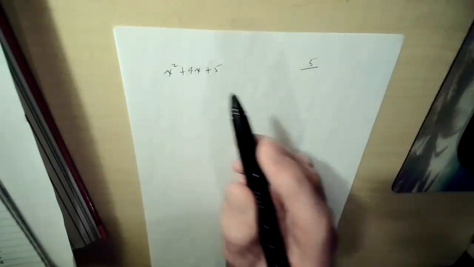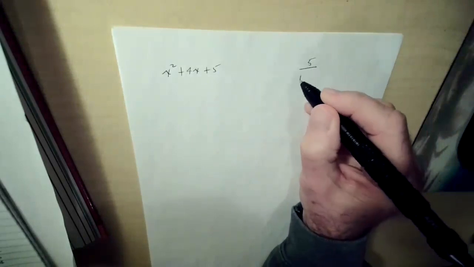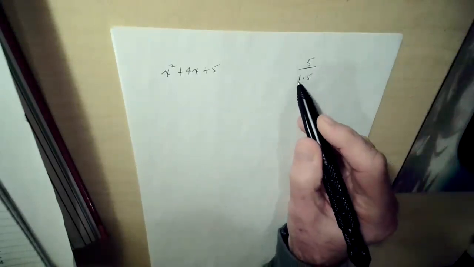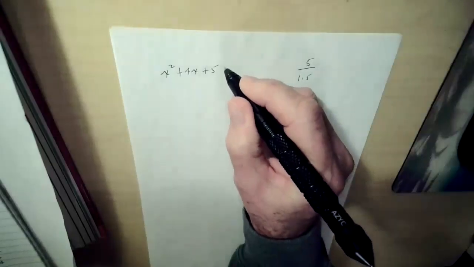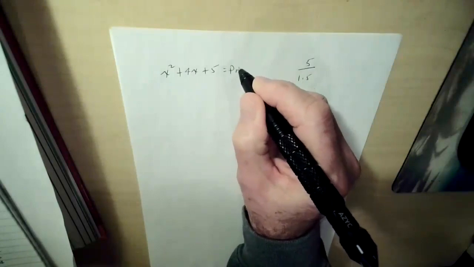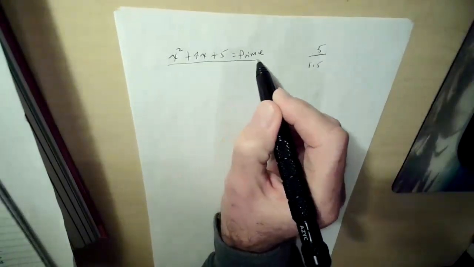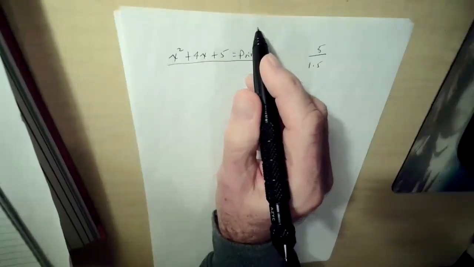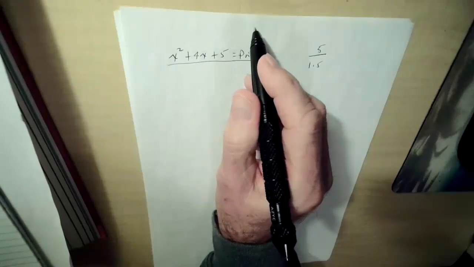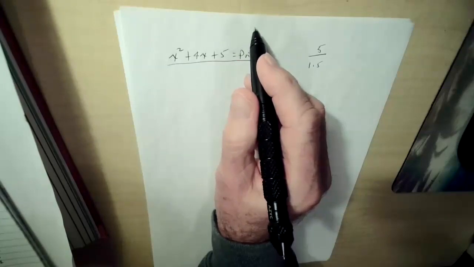What are the factors of 5 that add up to 4? Only one factor pair because this is a prime number. 1 times 5. Do 1 and 5 equal 4? No. So the answer to this one is prime. In other words, it cannot be factored.